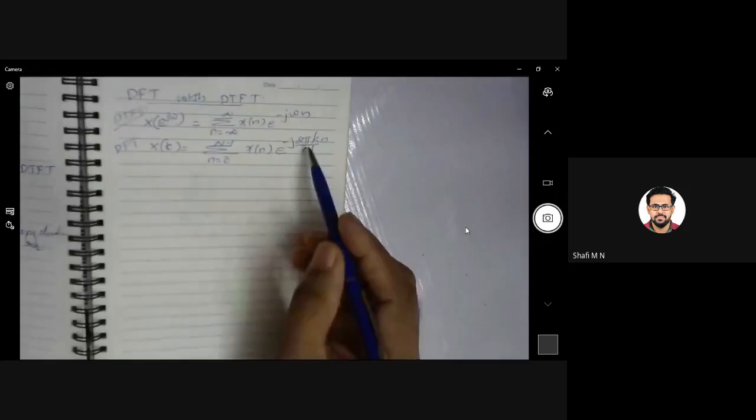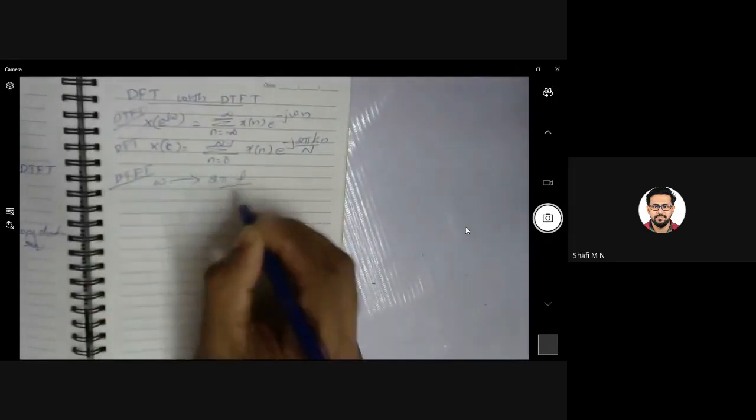Right? So what is the difference in this? In the DTFT, omega was 2 pi f. You sampled the frequency axis, that means with N samples, and you have given the index as k.